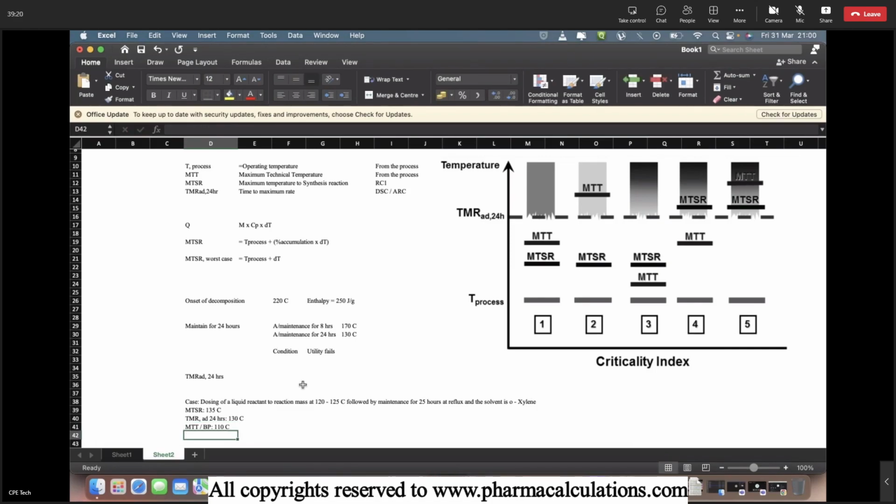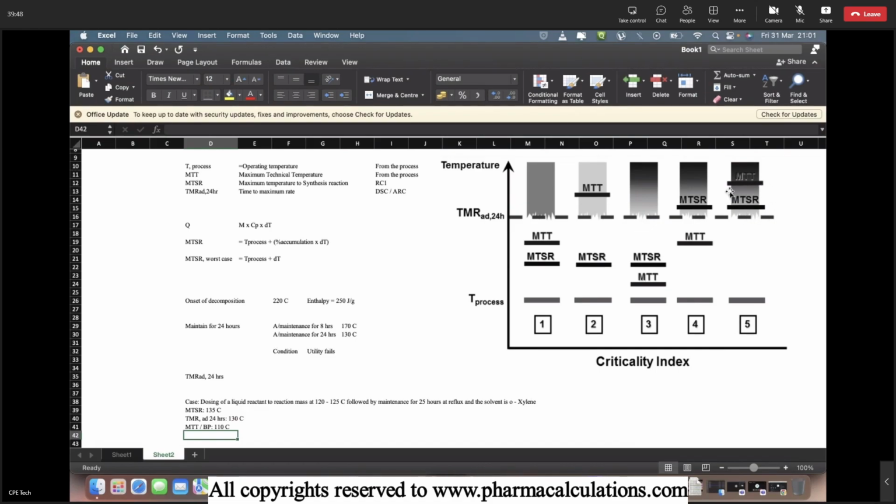Now let's try to reclassify the criticality. Now the least temperature is going to be the boiling point, so here it has reduced. If you can see here, the TMR ad 24 is there, and this is the decomposition line. Previously the maximum technical temperature, nothing but the boiling point, was above the MTSR as well as the onset of decomposition.